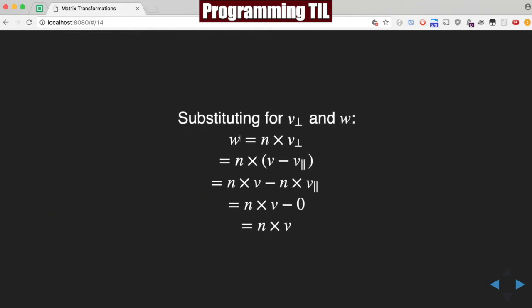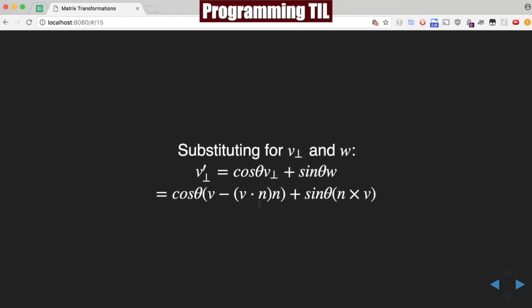And finally, for w, we can see that w is equal to n cross v perpendicular. And you can see that here we can do the substitution for v perpendicular, and then again, we know this is going to be 0, so w is equal to n cross v. Now we have v perpendicular and w, so we can substitute and find out the last value, which is v prime perpendicular.